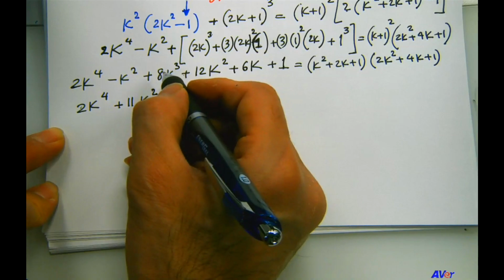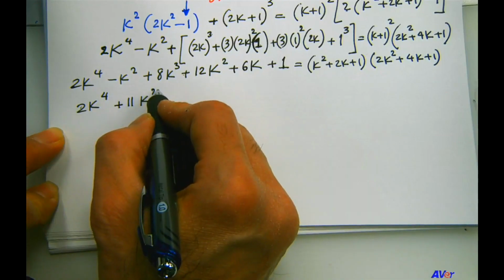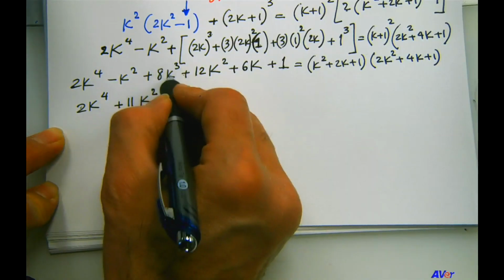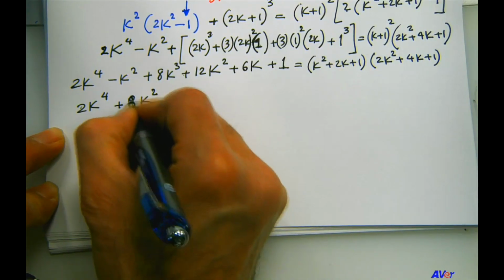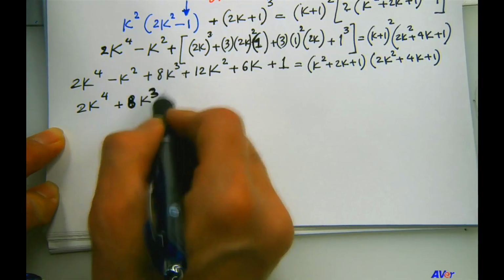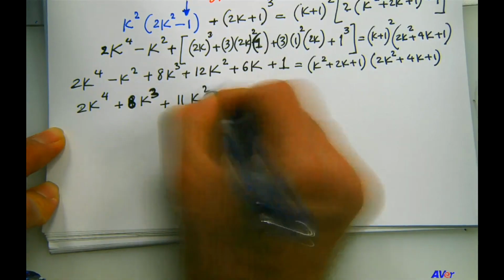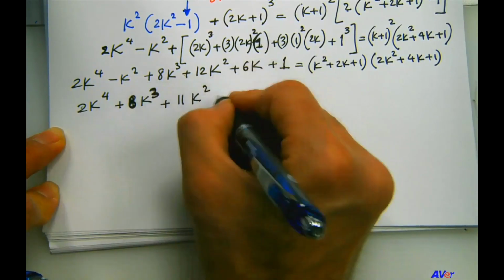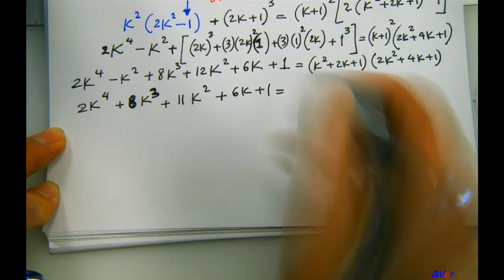I should have written that. So let me go in the descending order of power. So I'm going to put 8k cubed first, just to be in order. So plus 8k cubed, sorry about that, plus then I'm going to put the 11k squared that I had before, plus of course 6k, which is the only k term there, plus 1, like that, equals.